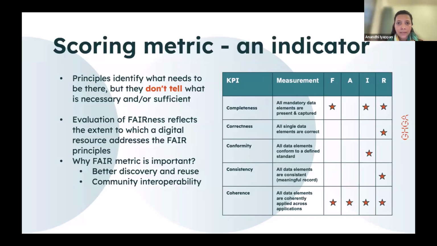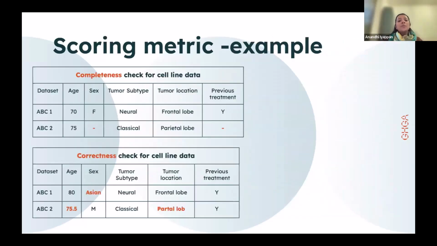This is one step that we can do as local data users, and also databases can adopt these when they are providing those services. Here I just wanted to show a small example of how a scoring metric is, or how fairness can be scored. So the first one that you see is for completeness. You have 2 rows.